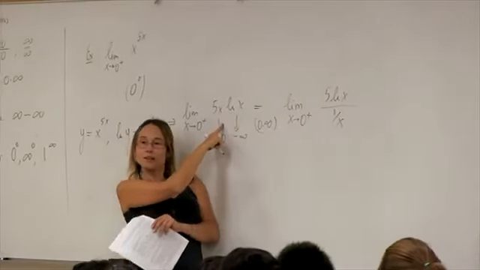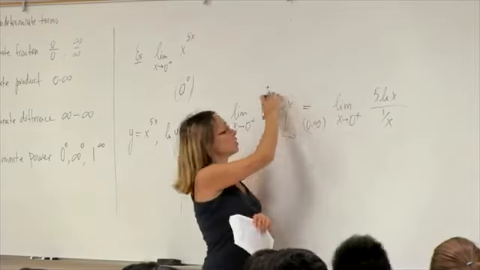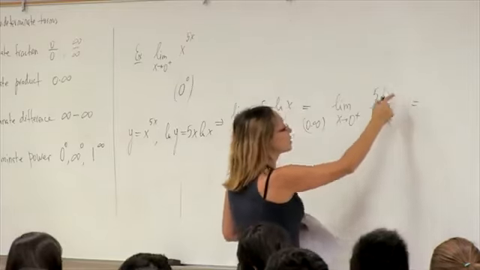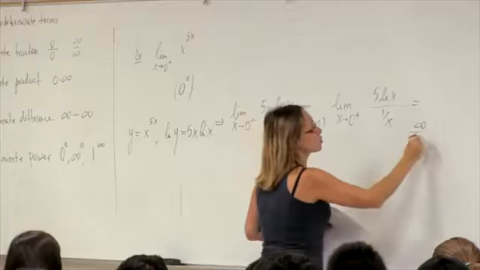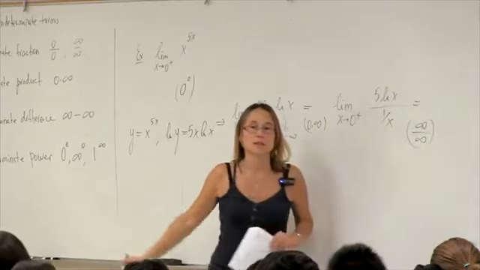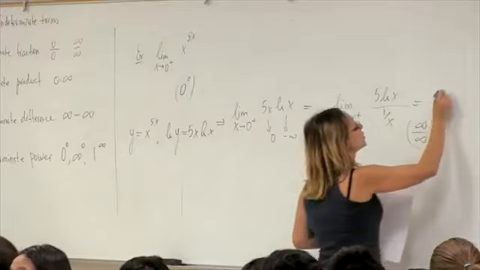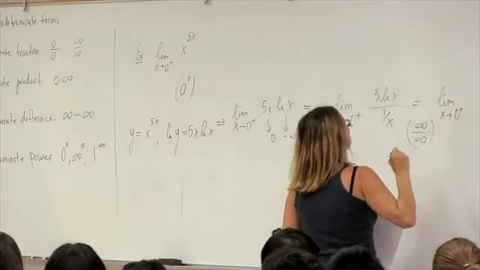Is everybody clear how to turn a product into a fraction? So we take one of the terms and invert it and divide by it. So now the log goes to infinity, and 1 over x goes to infinity. So we have a nice indeterminate fraction. And we are ready to differentiate in accordance with L'Hopital's rule.